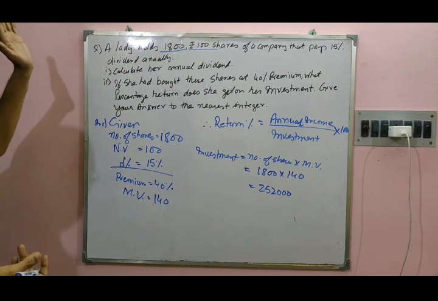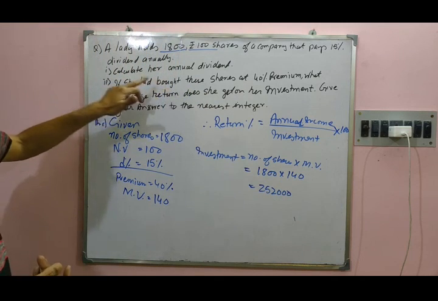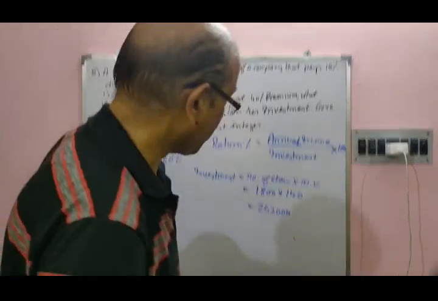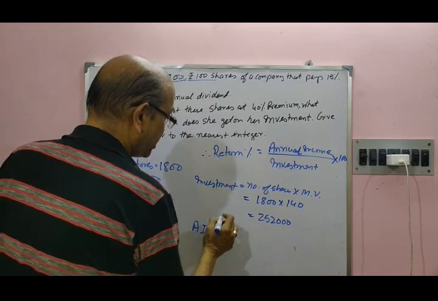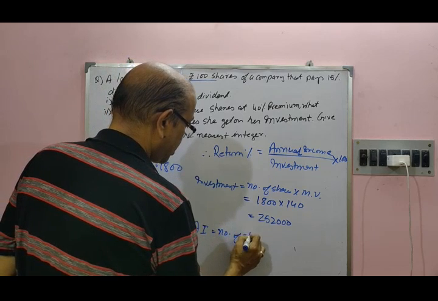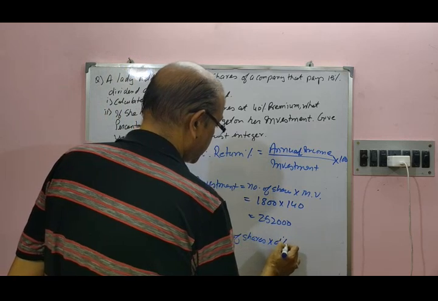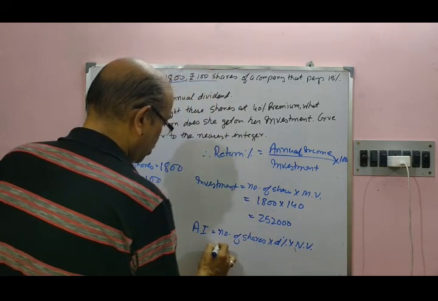Now we have to find the annual income. What is the annual income? Did we find out the annual income? Yes, we had found out the annual income. Let us also find the annual income. Annual income is number of shares into D% into nominal value.